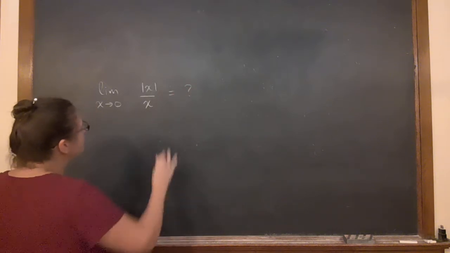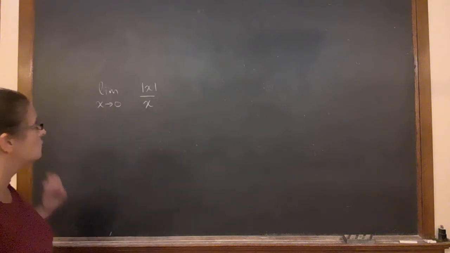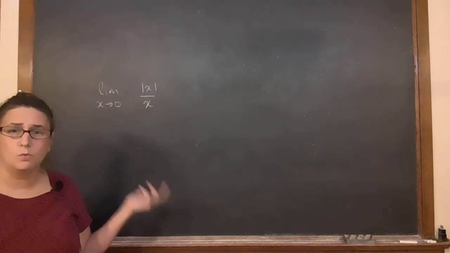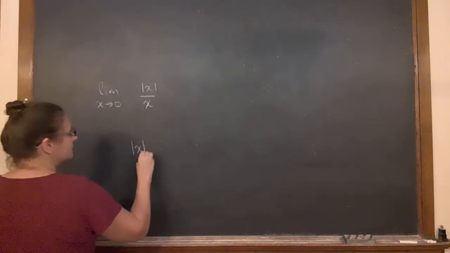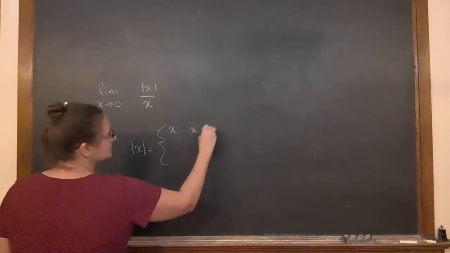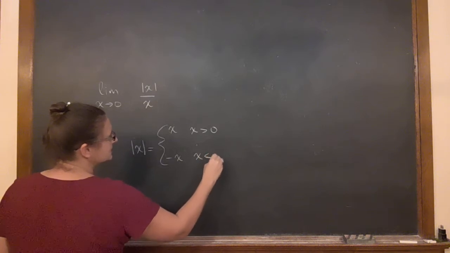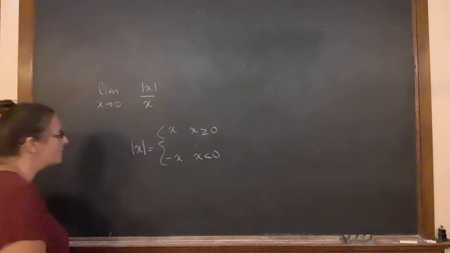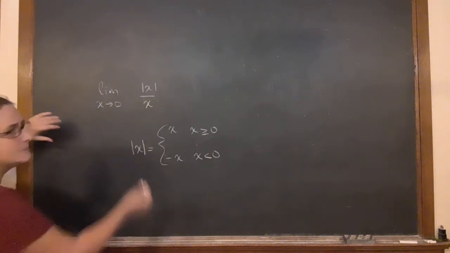So again, we've got the absolute value in this problem, so we have to figure out what the piecewise defined business is. Absolute value of x is x for x greater than 0 and negative x for x less than 0. I don't care where I put the equal sign.